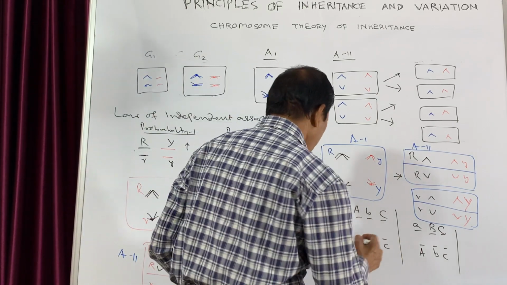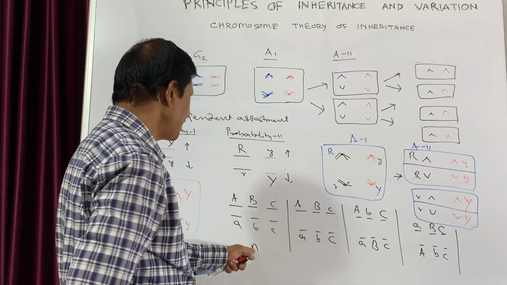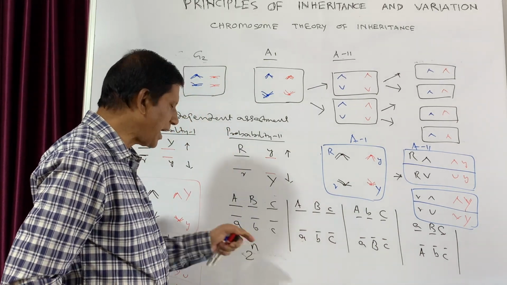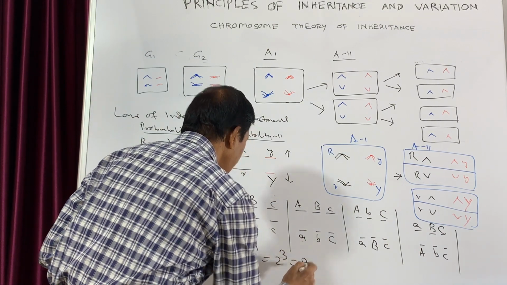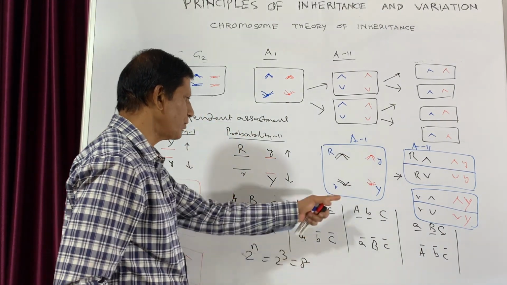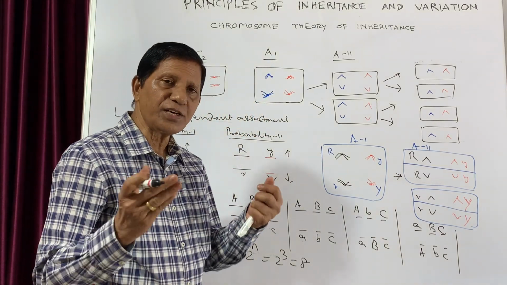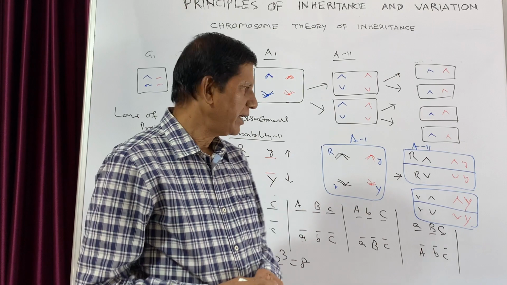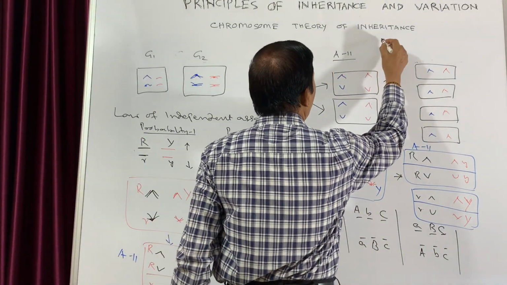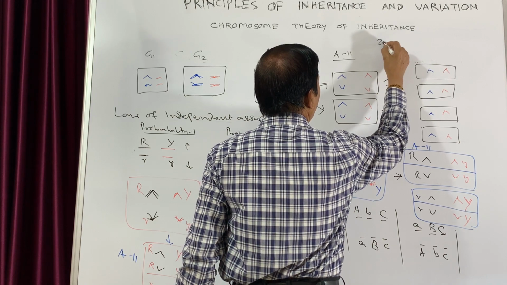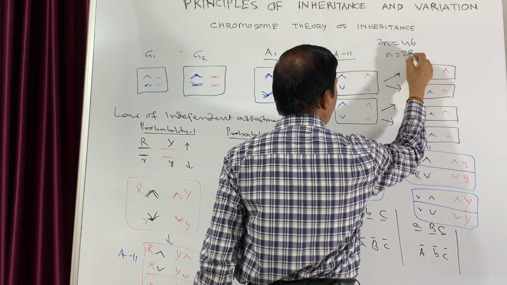And you know the formula 2 to the power n, where n is equal to the number of alleles. So naturally it will be 2 to the power 3 is equal to 8. So you see here 2 types, 2 types, 2 types, 2 types, 8 types are there. And if you consider the case of human beings, 2n is equal to 46, that means n is equal to 23.